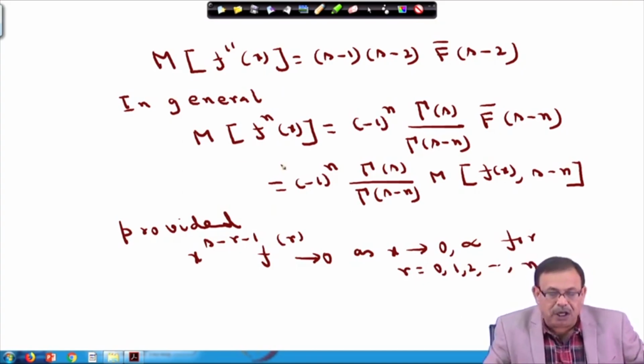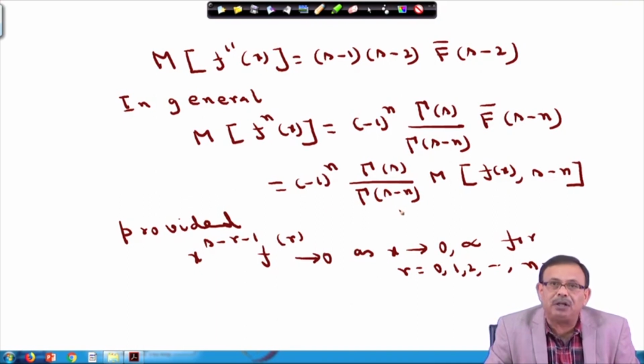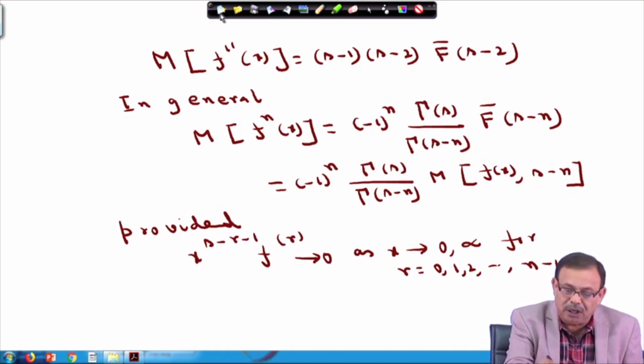So, the Mellin transform of f n x is minus 1 to the power n gamma s by gamma (s minus n) into the Mellin transform of f x, where s minus n means the variable s will be replaced by s minus n.